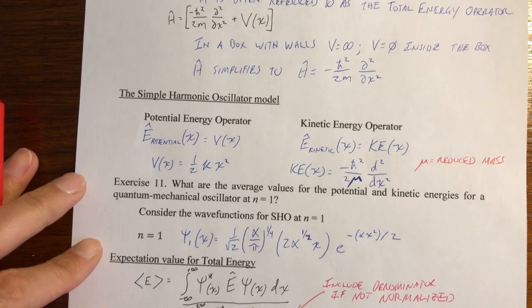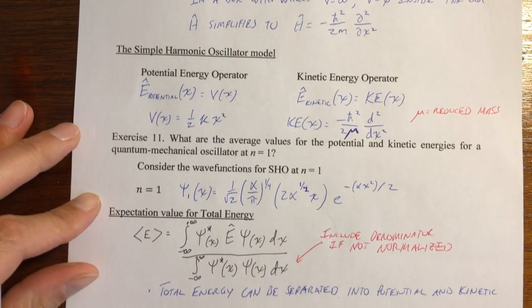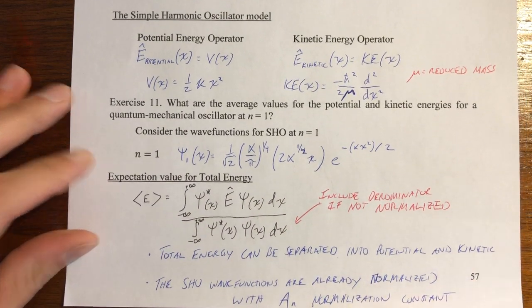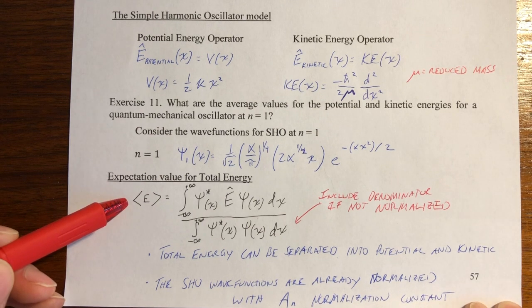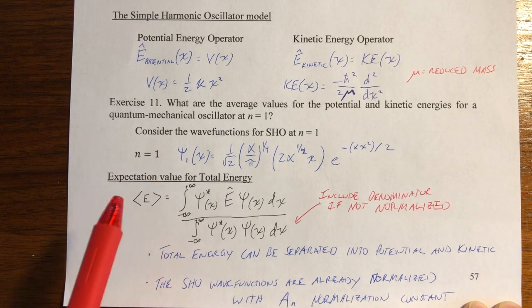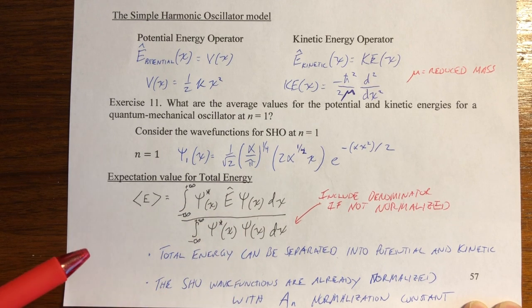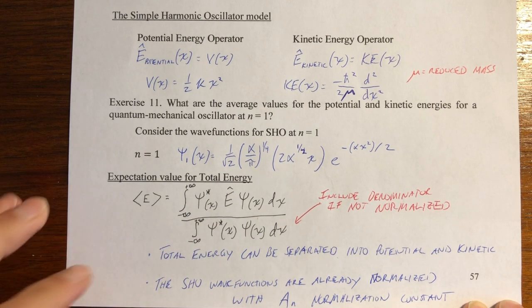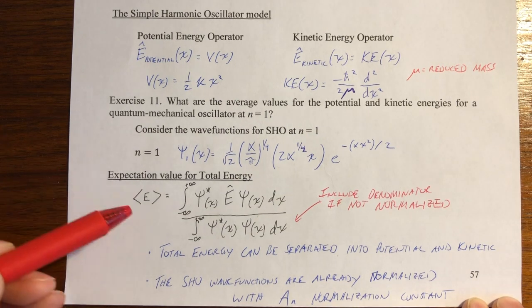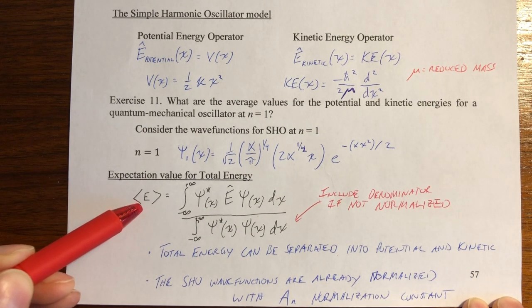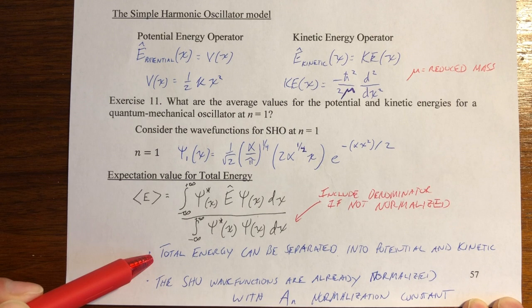So the expectation value for total energy is given by this equation here, where we have our expectation value equation for energy, and so our energy operator appears in the numerator and it does not appear in the denominator. As we're going to see in the next page, this total energy can be separated into potential and kinetic, and that will be very useful for allowing us to describe the expectation values for potential and kinetic energy.